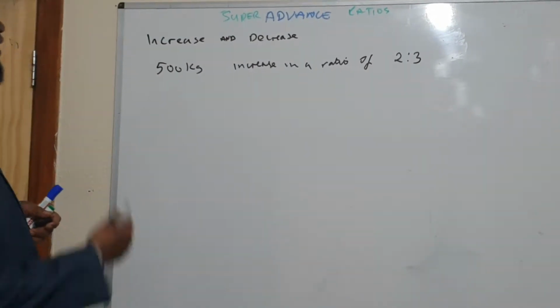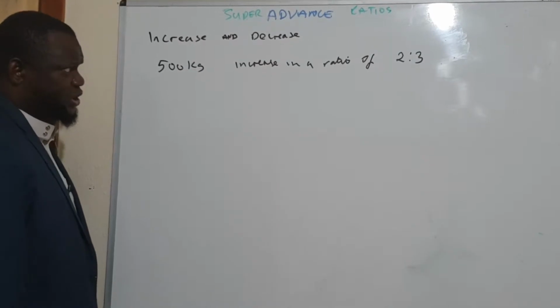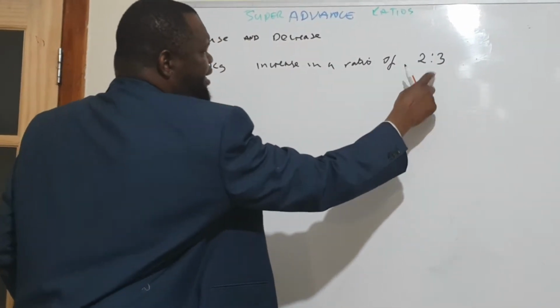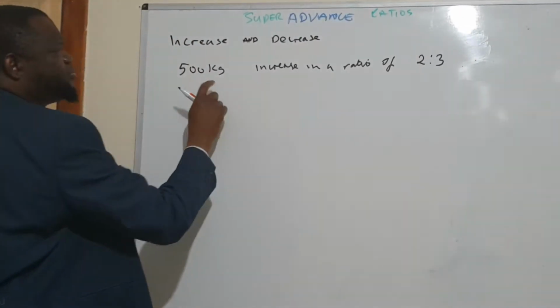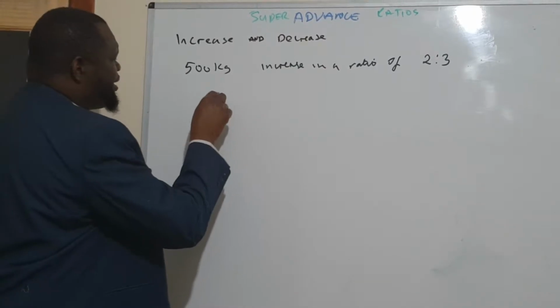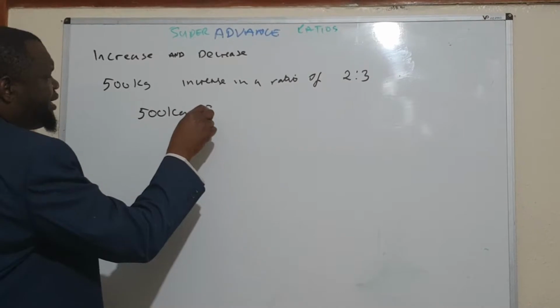Now, when they say increase, it means this thing goes up. It doesn't come down. So the upper number you multiply by should be the bigger number. So to increase 500 in this ratio, you have to multiply by 3/2.